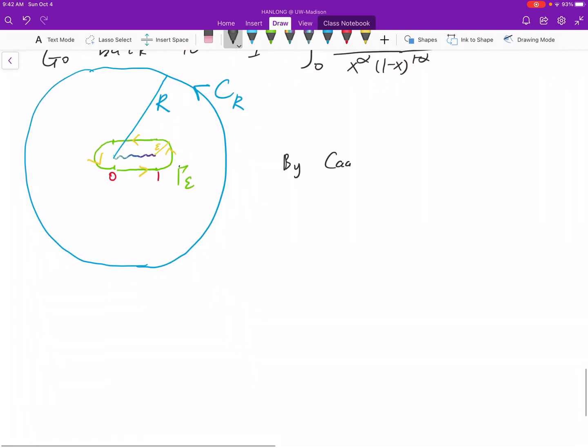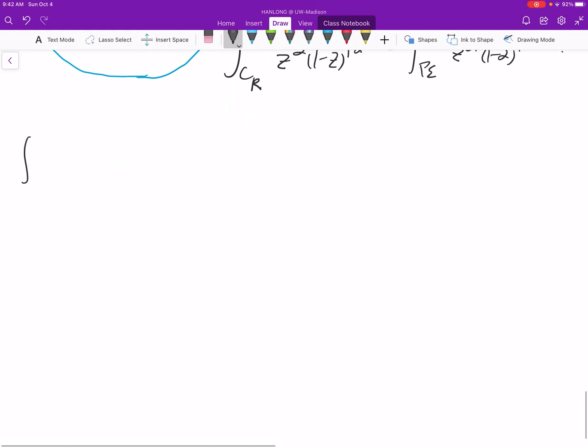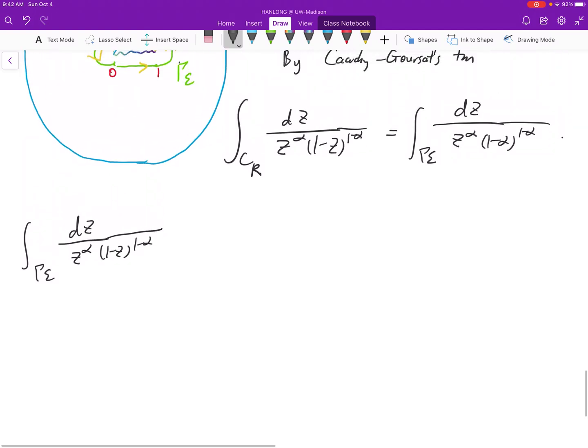Then by Cauchy's theorem, we have the integral along the outside circle of the holomorphic function equals the integral along the inside loop. Okay, then let's look at the inside one. We split this into 4 pieces, and from the definition you can see how we draw the loop precisely.